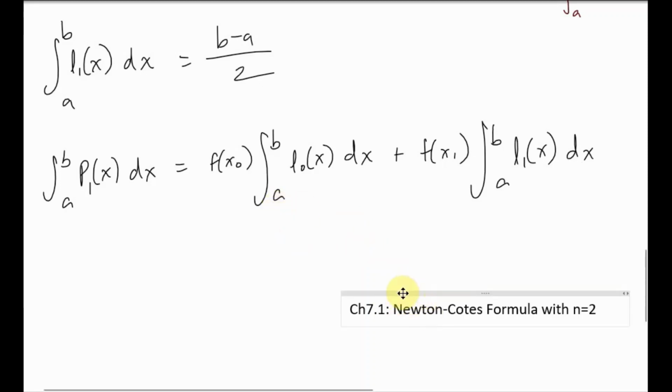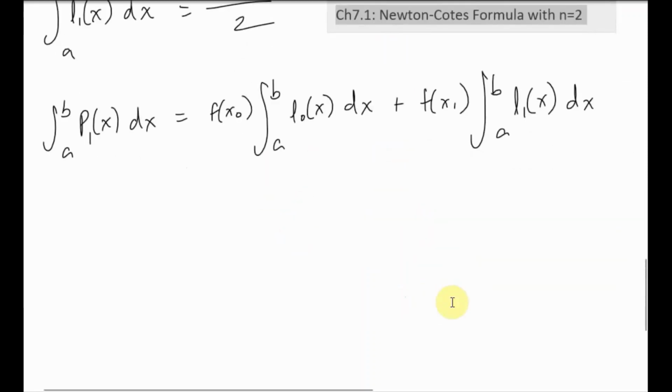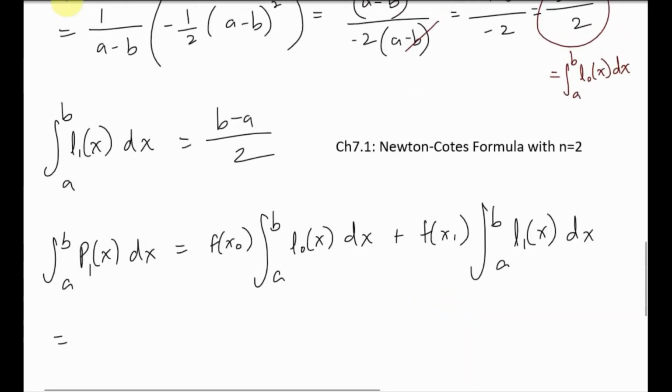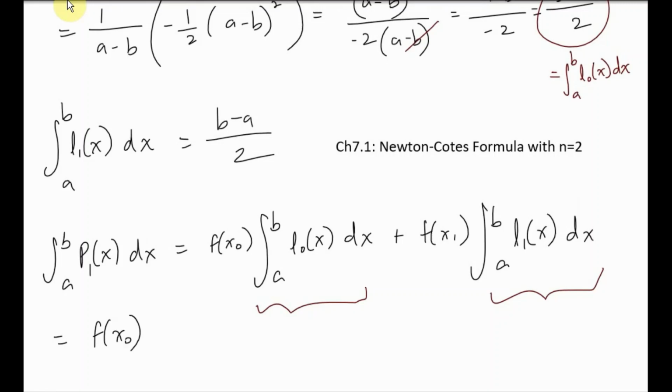And we've already found the results of these two. We already know what they are: f of x naught times b minus a divided by 2 plus f of x1 times b minus a divided by 2.